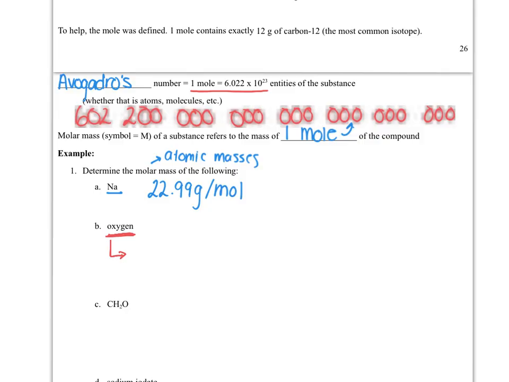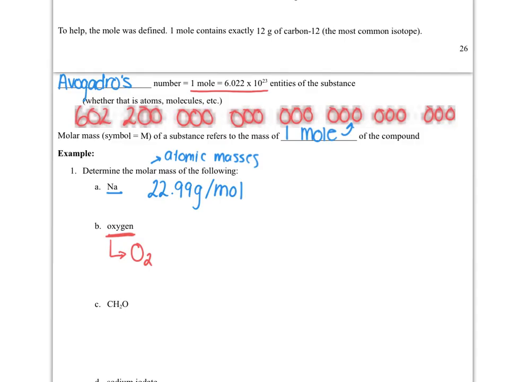What we know about oxygen is that it is diatomic. So when we talk about the molar mass of oxygen, I'm not talking about the molar mass of 1 atom of oxygen. I'm actually talking about oxygen as we experience it in its common form on Earth.